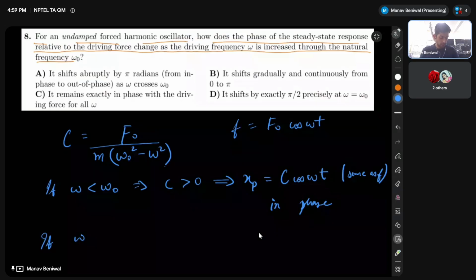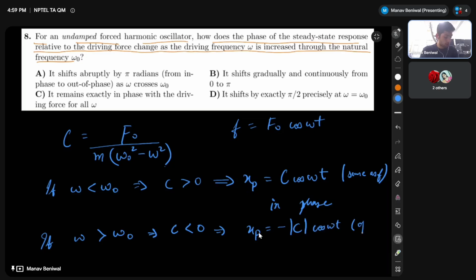However, if omega is greater than omega naught, then you can see this term is negative. So this implies C is less than 0. And then our xp, we can write it as minus mod C cos omega t.